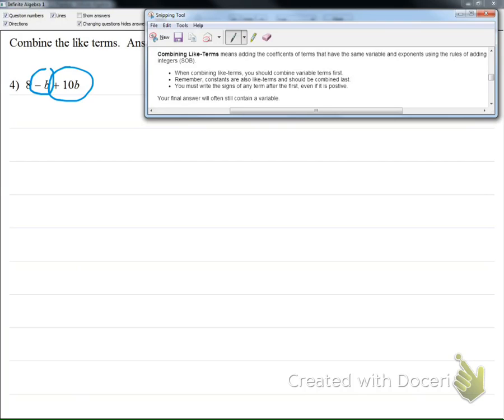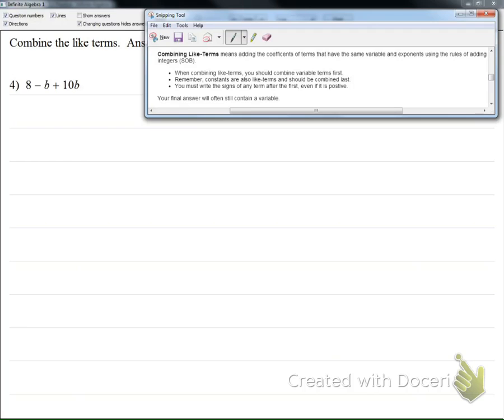So what you don't want to do, let me just show you real quick, because I sometimes see this. I see people do this. Okay? We don't want to do that. Signs come before numbers, not after them.